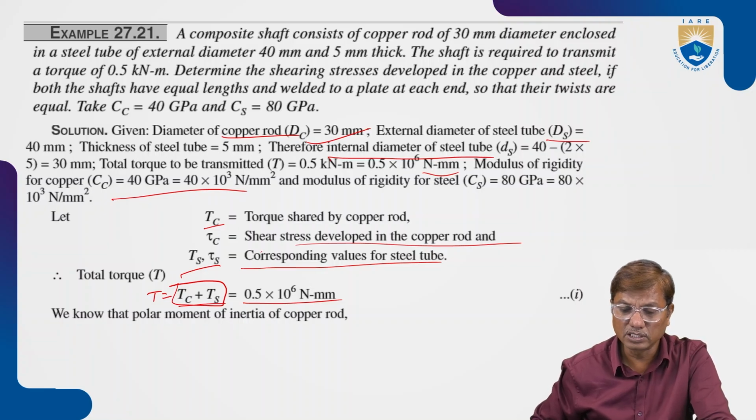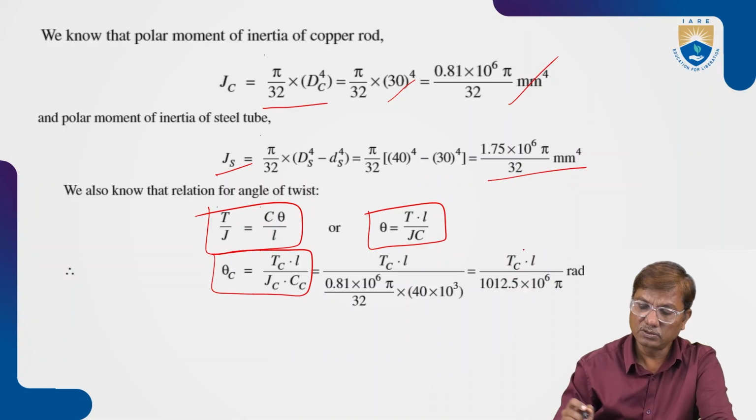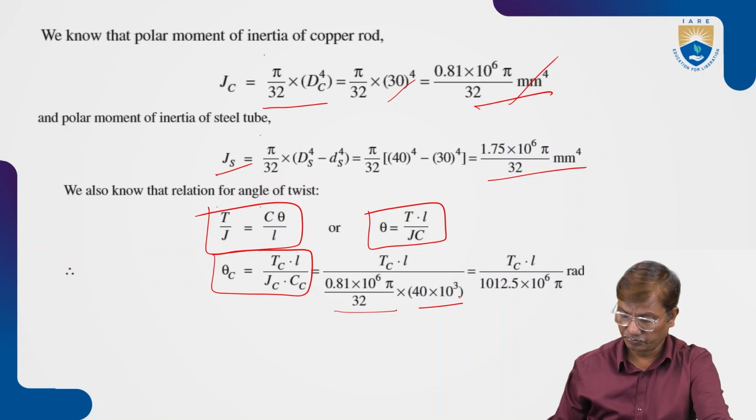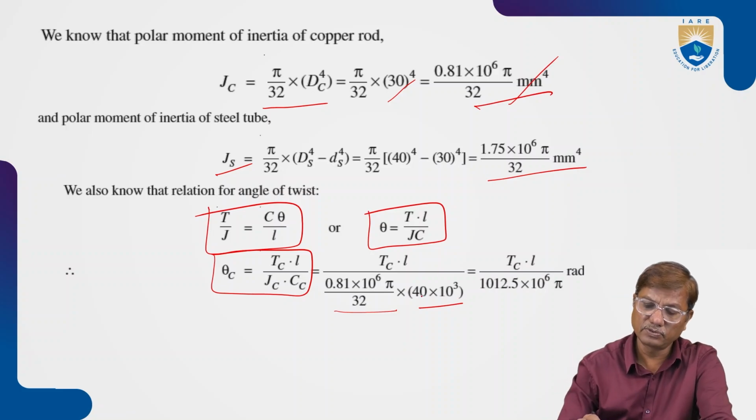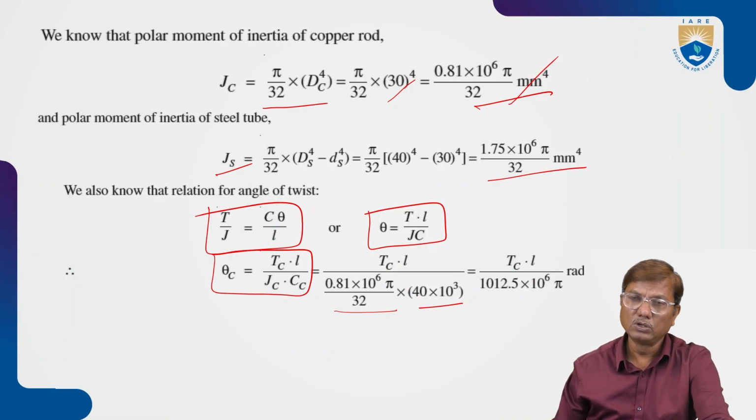Length is not given, but it is same for both. Okay, so TC into L divided by JC into CC. We have to be careful about units. We have to convert all of the units into a single system of units only.